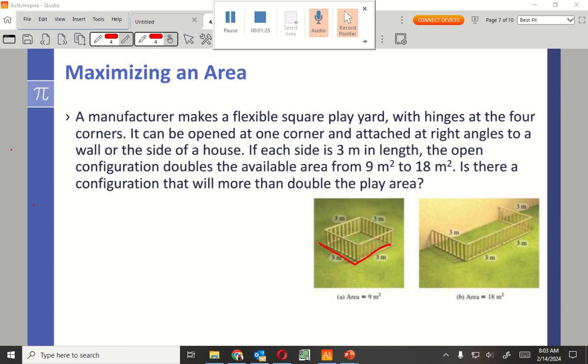What they did is remove one of the sides, so a 3x3 is only going to give me an area of 9 meters squared, but by removing one of the sides and putting it up against a wall, like this, it's 3x6 now, and so that's going to give me 18 meters squared. So that's just like that problem that we did yesterday with the fence and the river and the farmers and ranch and whatever that was.